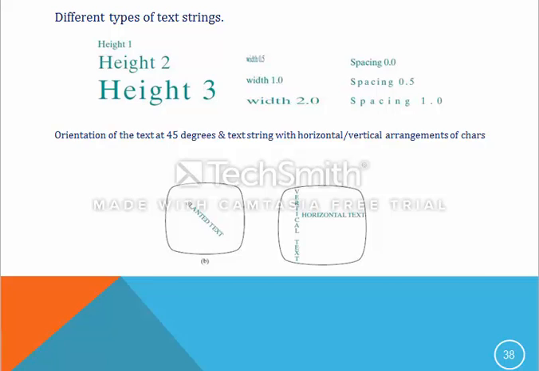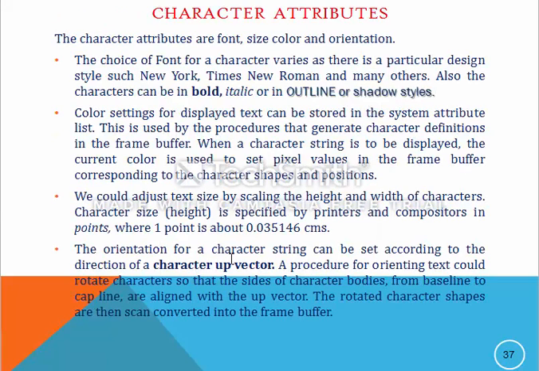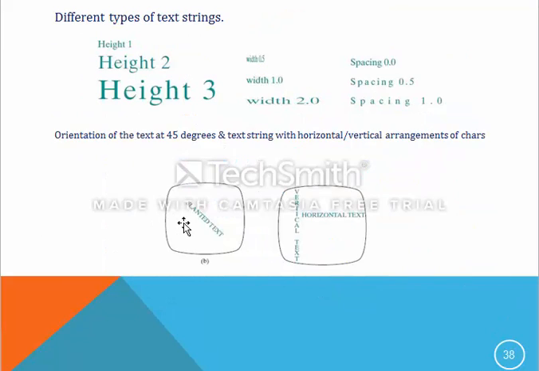We can also change the orientation for a character string. The orientation for a character string can be set according to the direction of a character up vector. So if the up vector is rotated by 45 degrees, the resulting text would be like this, at 45 degrees in the XY plane.